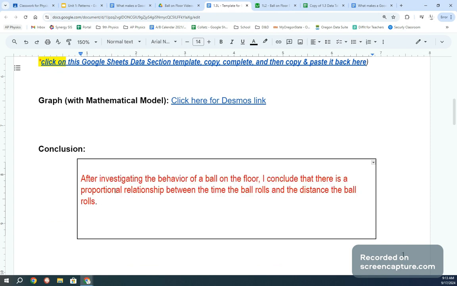Boom. But some of you might be thinking, yeah, but there was that other part that I really liked about the other one that specifically talks about the relationship between the independent variable and the dependent variable. And I agree with you. And I would put that in here.